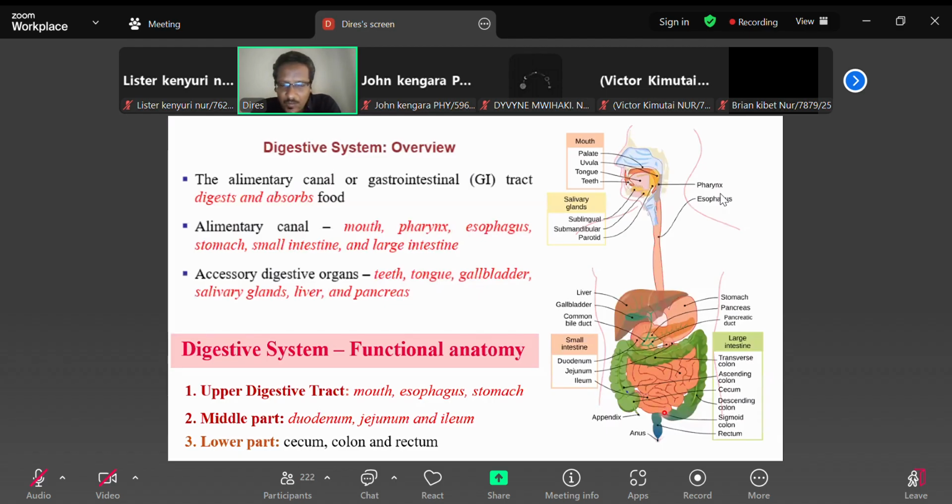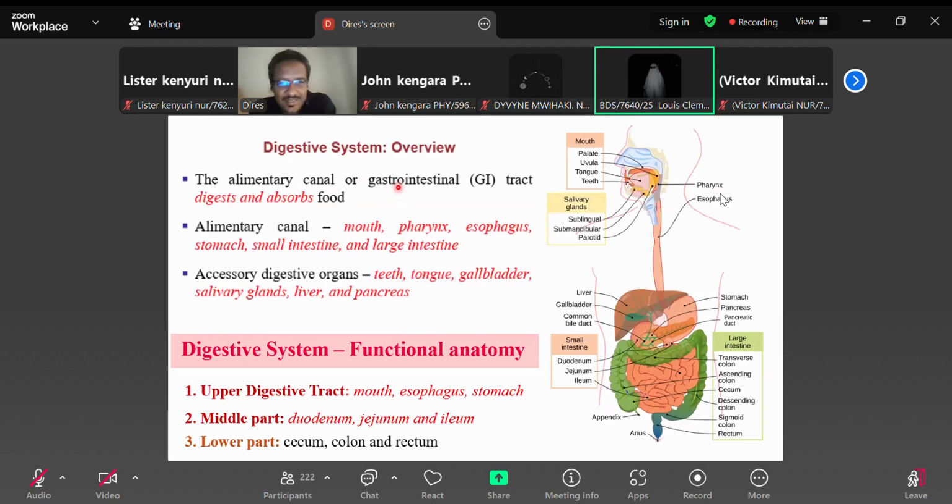That's the question. It's very easy. It is the alimentary canal. Exactly. It is alimentary canal. It is part of the tube. You see, part of the tube.